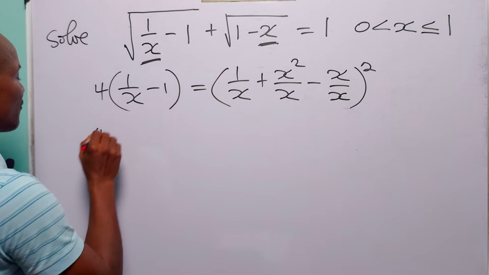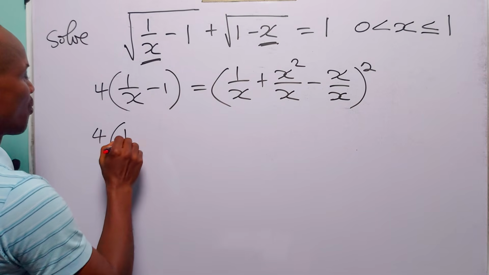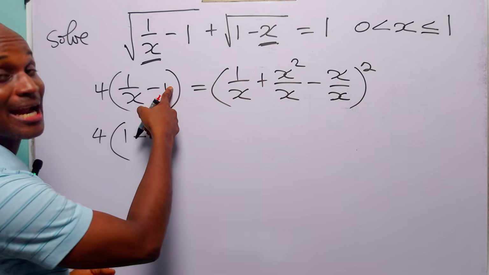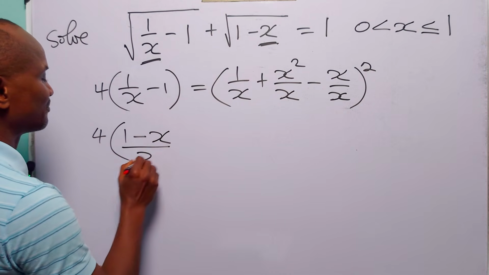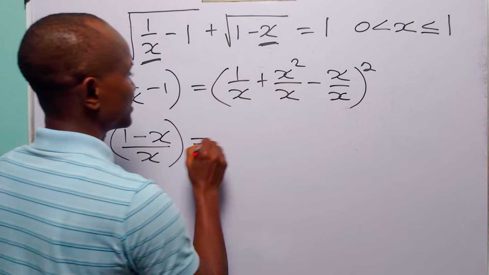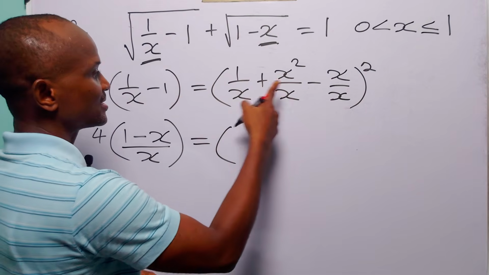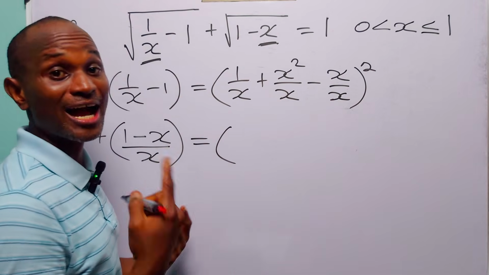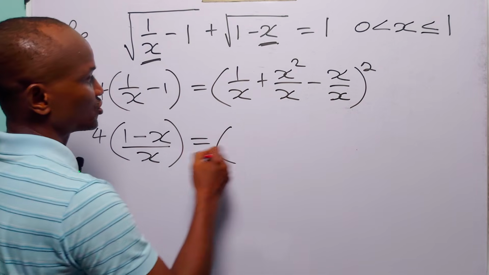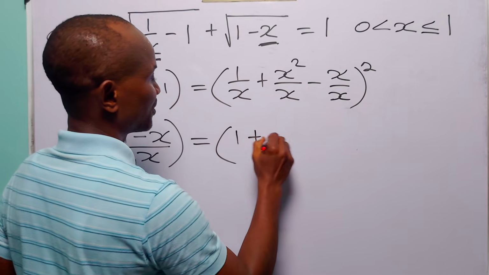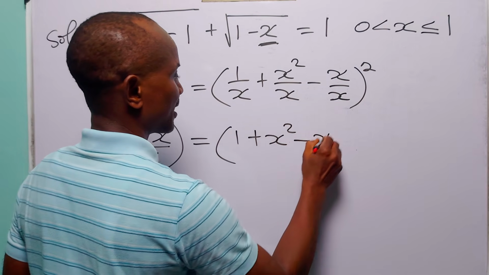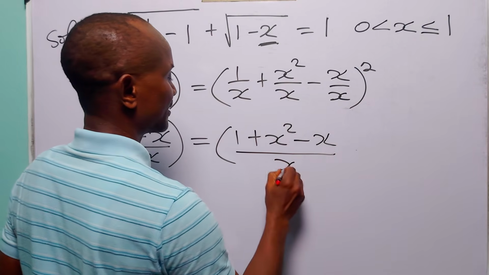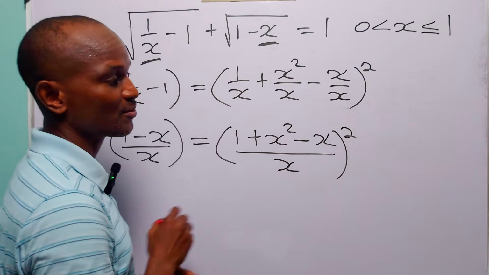To do that, we have 4 times 1 minus x times 1 is x. So this is x, all divided by x. Now this is equal to, notice that these three fractions all have the same denominator. So we have 1 plus x squared minus x divided by x, all squared.